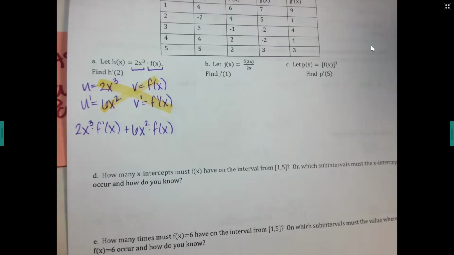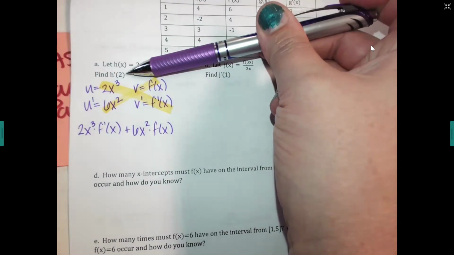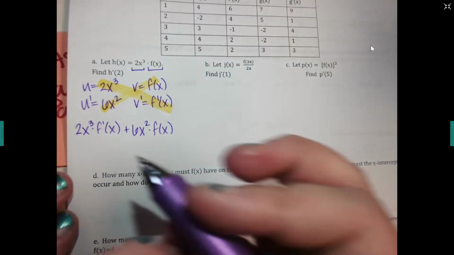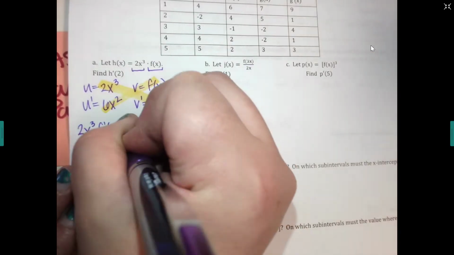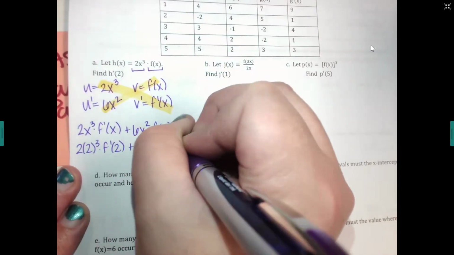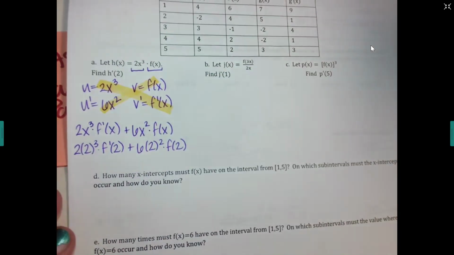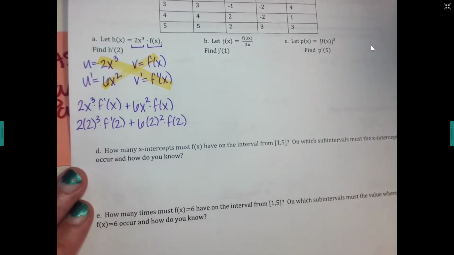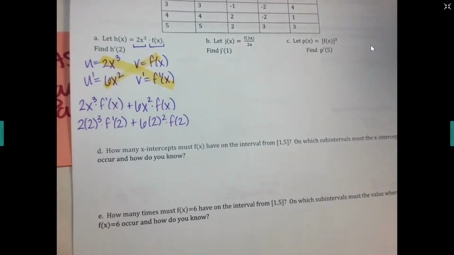And then they're asking me to find H prime at what number? 2. So this would be 2 times 2 cubed, F prime of 2, which I'll pull from the chart, plus 6 times 2 squared, F of 2. Okay, let's do the number parts first.